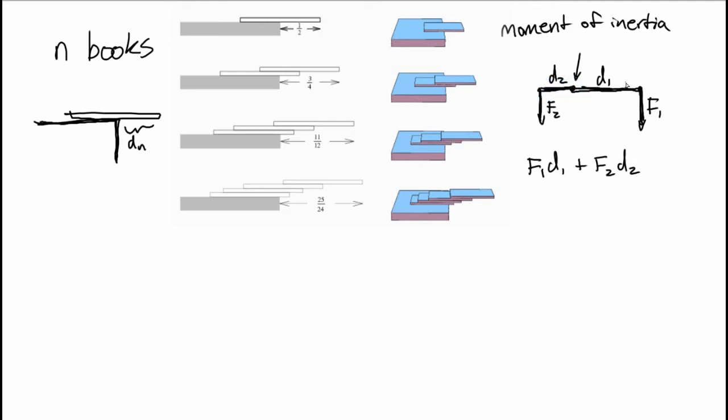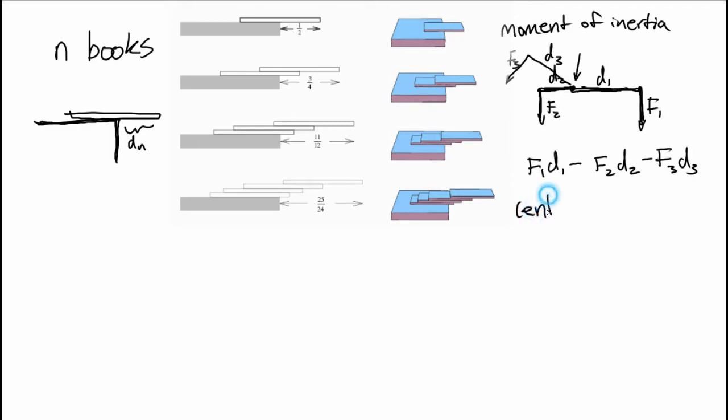So these forces act in opposite directions, because one is anti-clockwise and the other is clockwise. So in reality, the moment is F1 D1 minus F2 D2. And say we had another force like this, F3 at D3, then the moment would be like this.